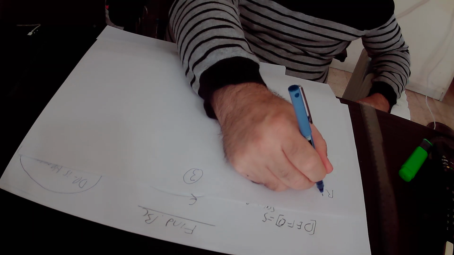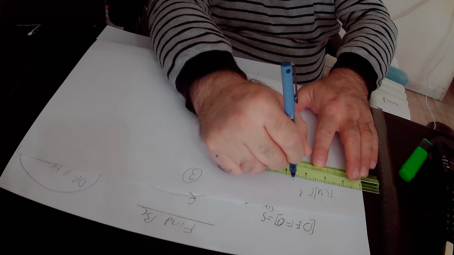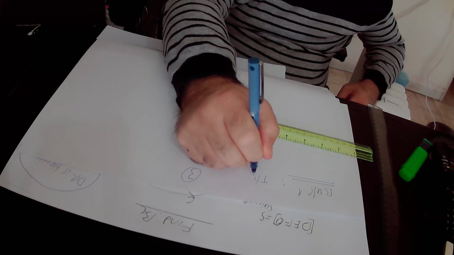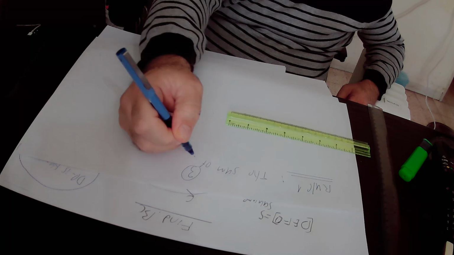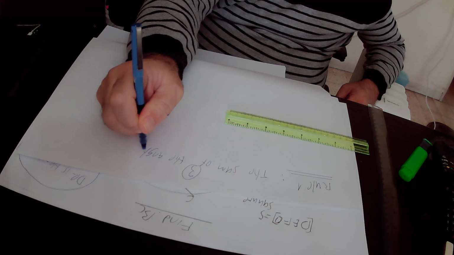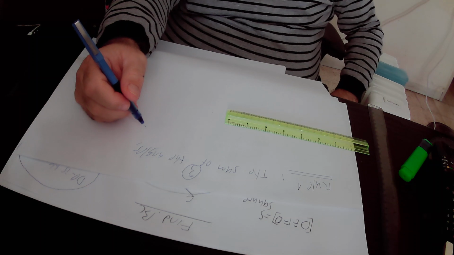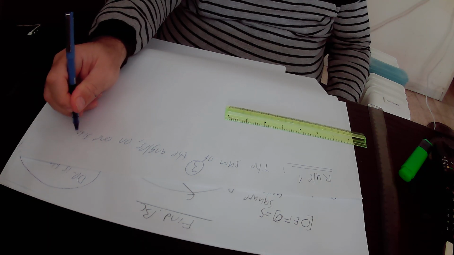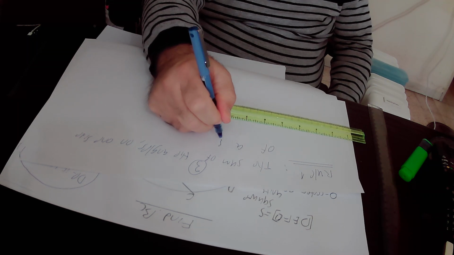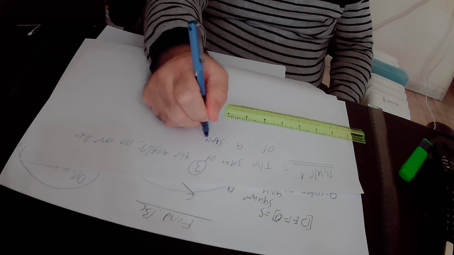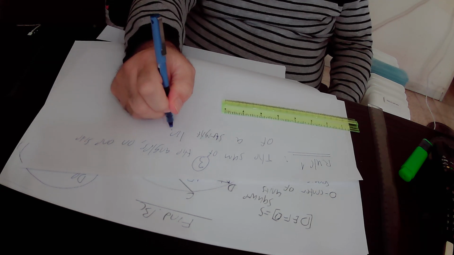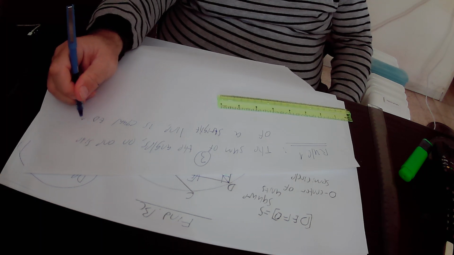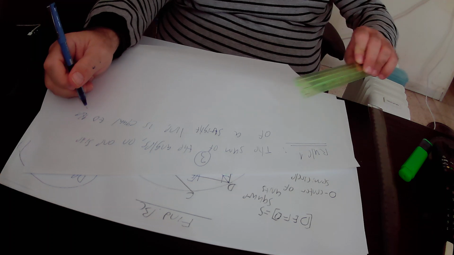According to rule number 1, the sum of the angles on one side of a straight line is equal to 180 degrees. We'll explain what is the meaning of this rule, rule number 1.